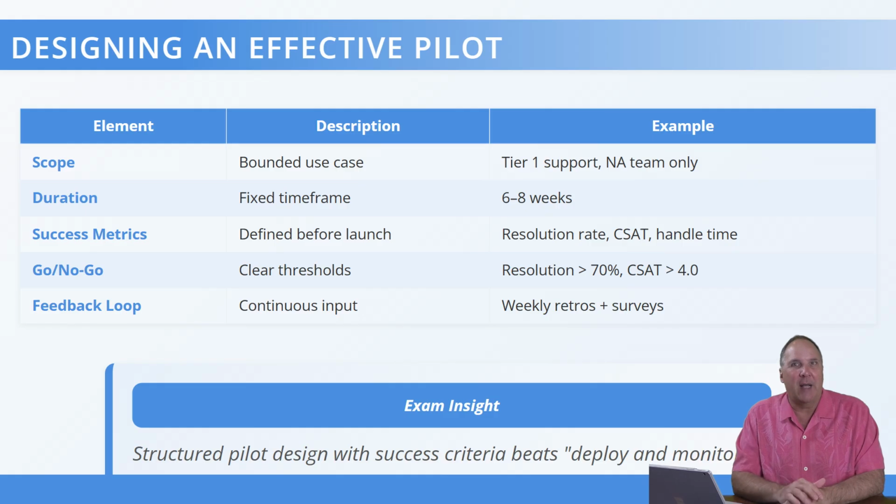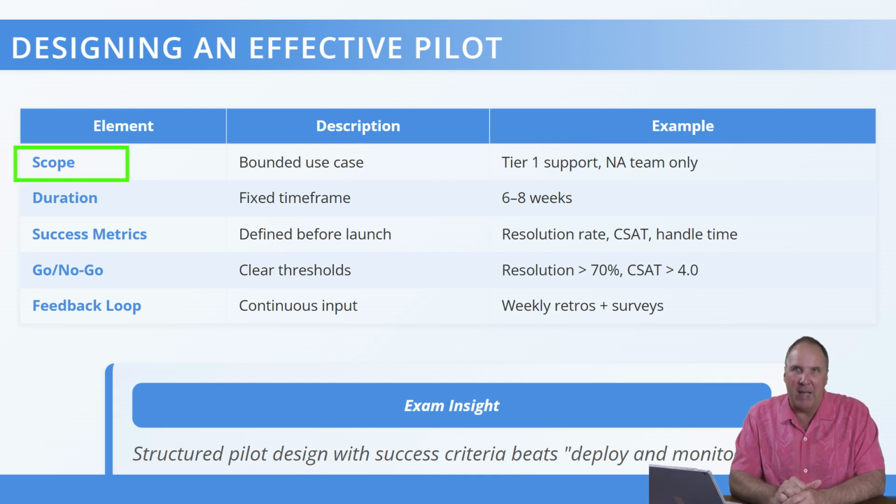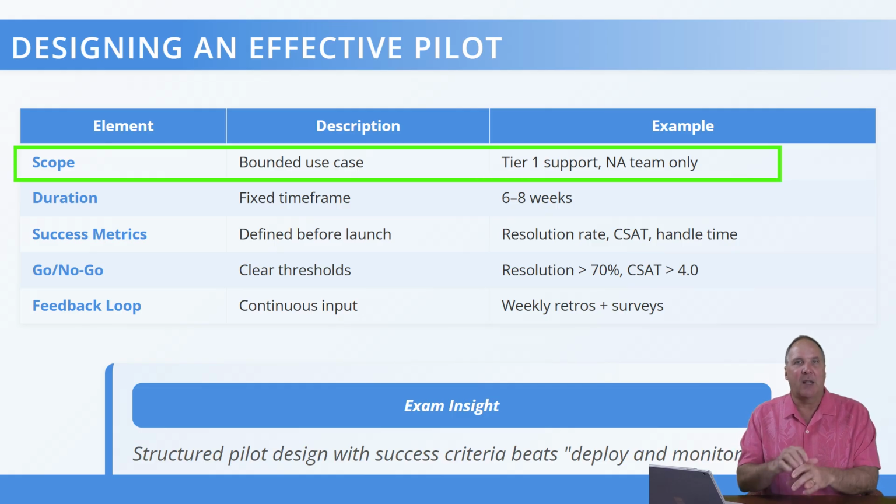Now, let me talk about something the exam cares about that a lot of people gloss over, and that is how to design a pilot. A pilot isn't, let's try and see what happens. A well-designed pilot has 5 elements. First, scope. Pick a bounded use case. Not something like automate all of customer service.